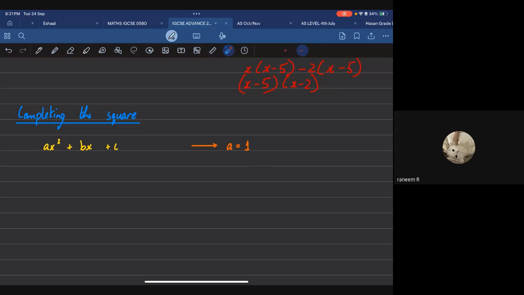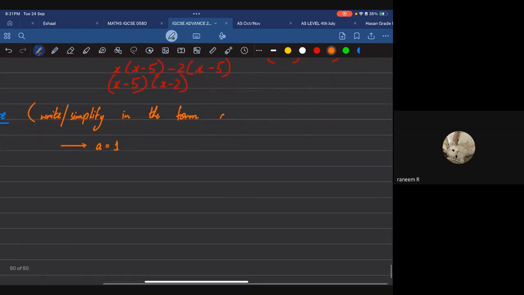What he does is that he simply says, or sometimes he says, simplify in the form of a times (x plus b) whole squared plus c.